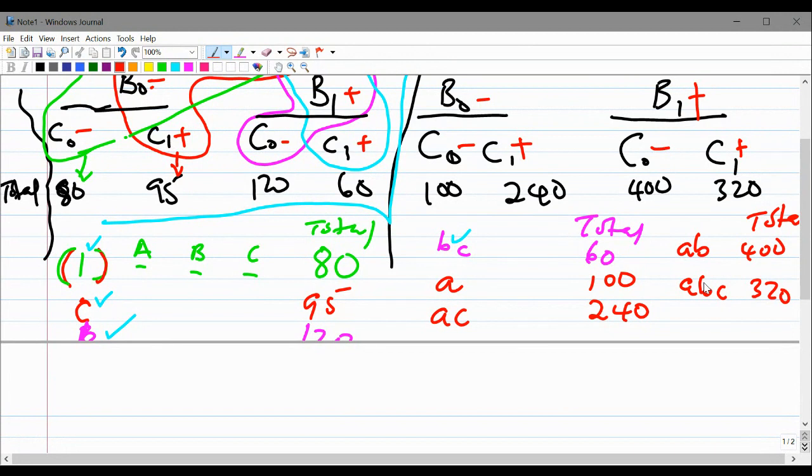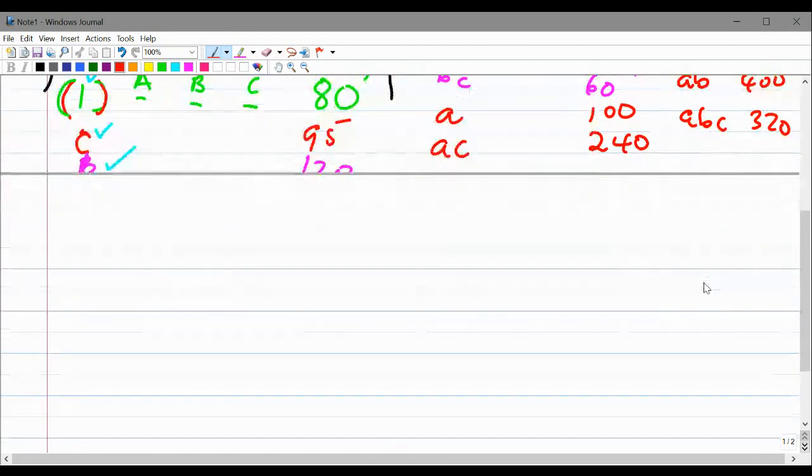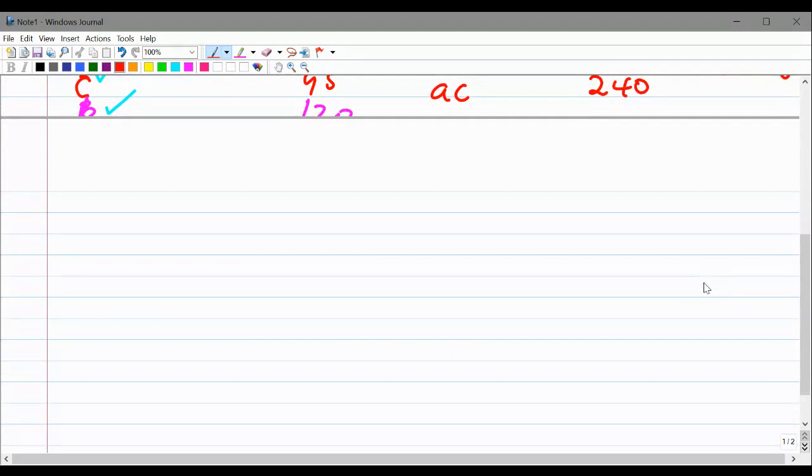So questions can come in different formats. For example, suppose I say you are having 3 factors and they're measured in this way. Factor A is having these symbols. Factor A is at 230, suppose the temperature, and the other one is 250.